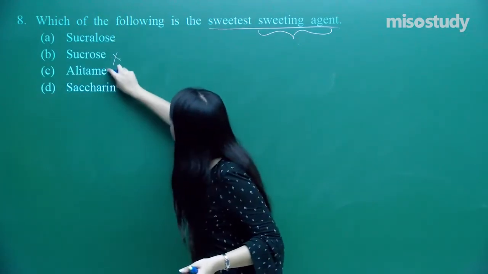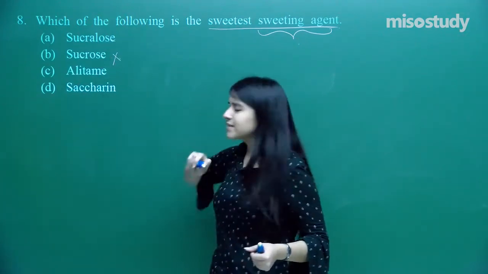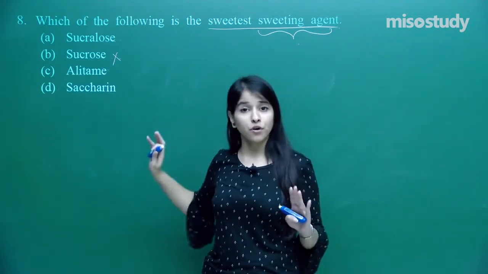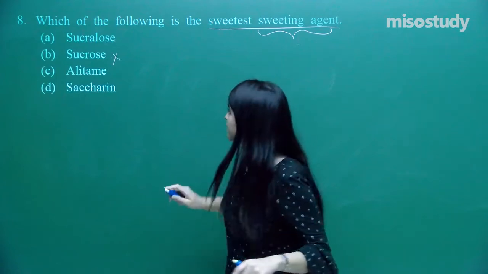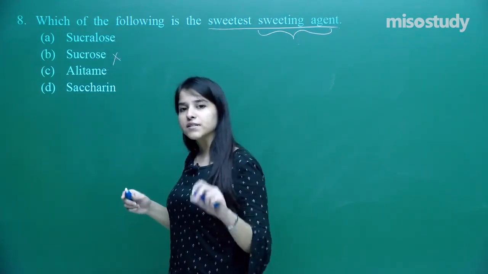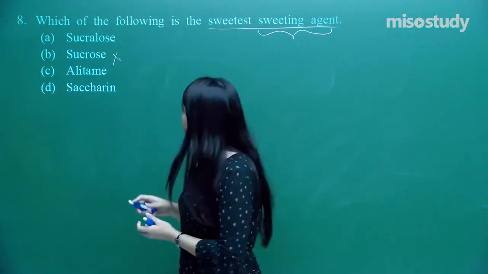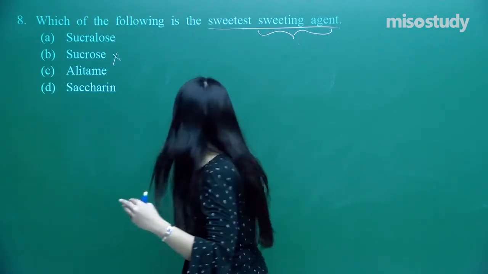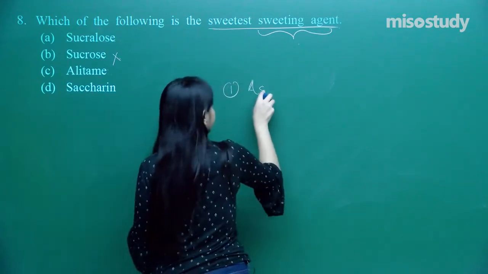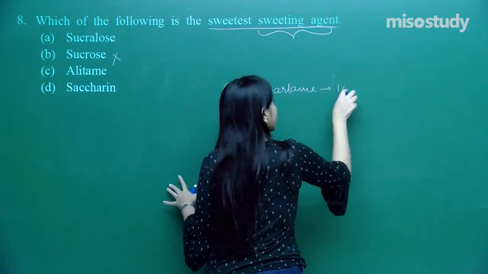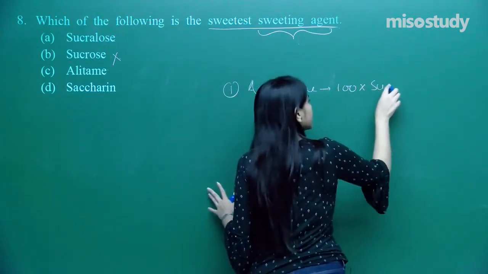Now if I try to analyze sucralose, allicin and saccharin. So you need to just have a proper knowledge of all the artificial sweeteners. So what is sucralose? So earlier what we have done was saccharin. Saccharin is actually starting from the very basic. So starting from the very basic, first was the aspartame that we have discussed, which was 100 times that of sucrose.